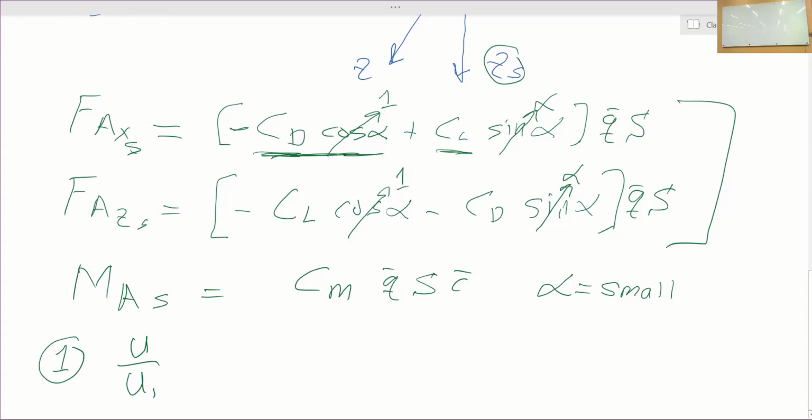So the derivative down here of f a x with respect to u over u1, remember we're going to evaluate at the steady state flight condition, is going to be q bar s. And then the stuff inside the bracket we've got to differentiate.